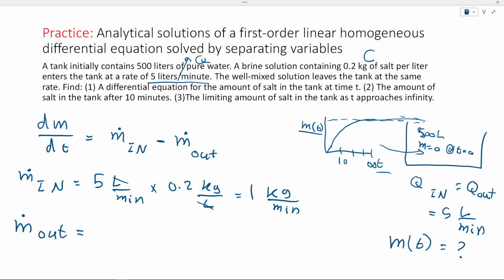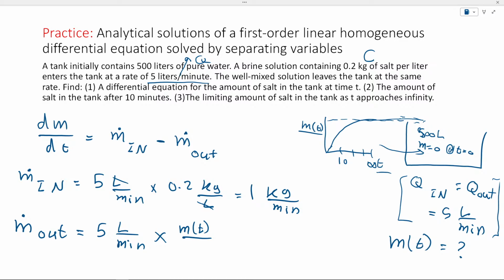Here Q in is equal to Q out is equal to 5. And what is the concentration that's leaving? The concentration is changing because it's m over volume, the mass over volume.